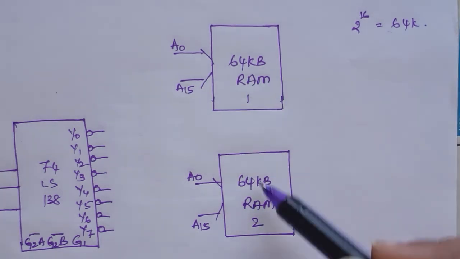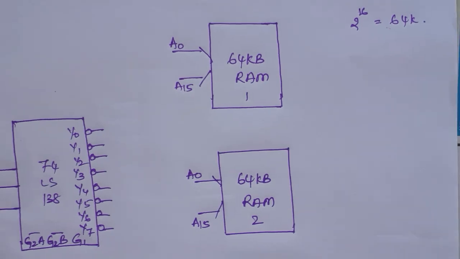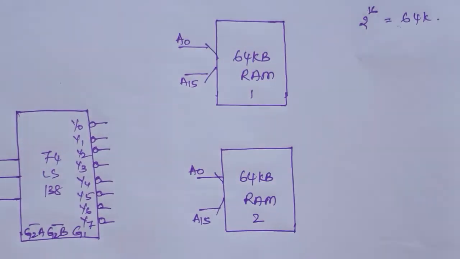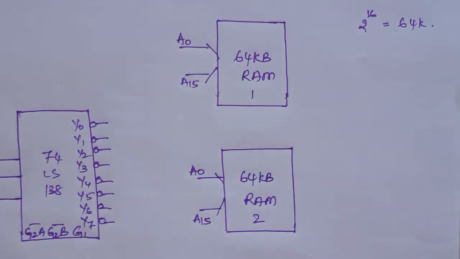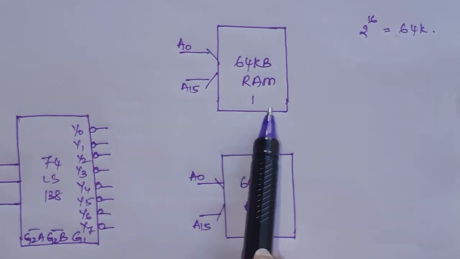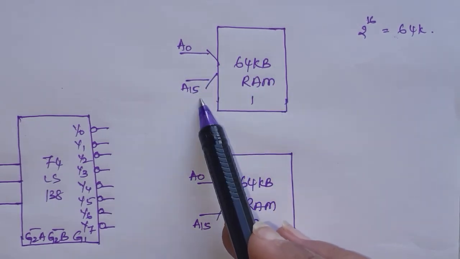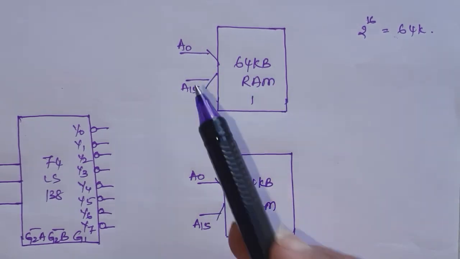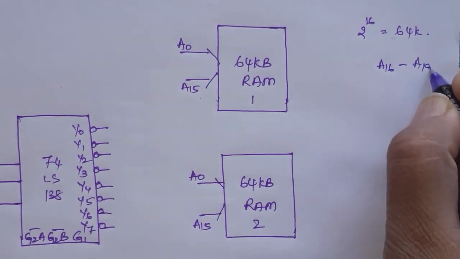Here, now let's see how address decoding can be done if multiple memory chips are to be interfaced. A0 to A15 are used here for the memory location, because the capacity is 64 KB, so 16 address lines are used. We are remaining with how many lines? A16 to A19.